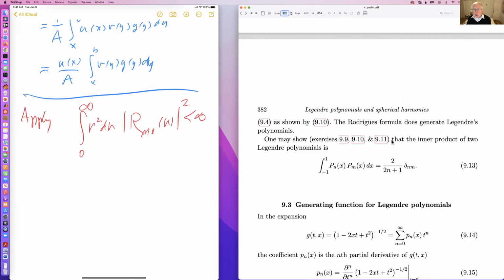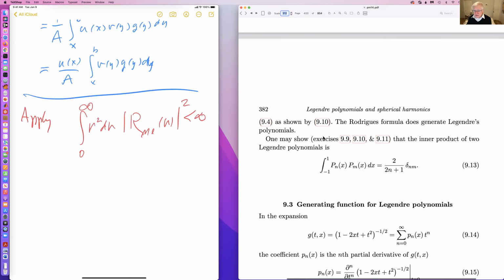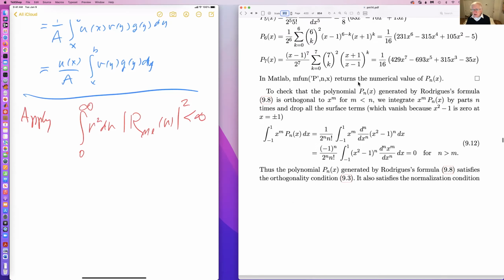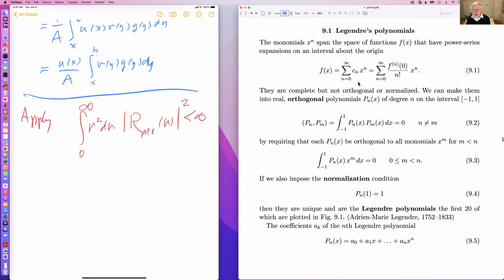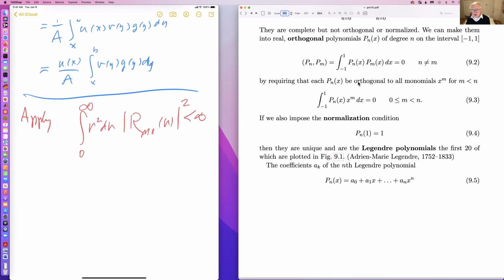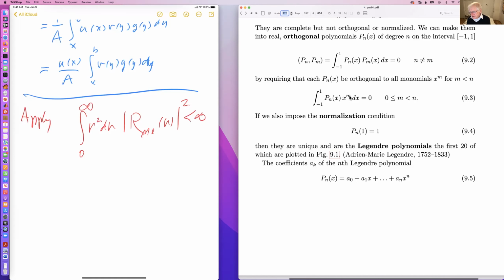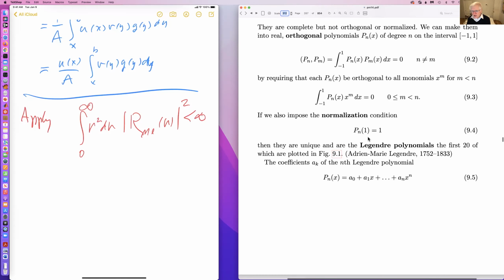And one can then show that the Legendre polynomials satisfy this particular normalization condition. Let me go back to the very beginning to say what it is that Legendre said. Well, he said the Legendre polynomials, of degree n, obviously P sub n, are orthogonal on this interval to x^m for m less than n, and normalized.